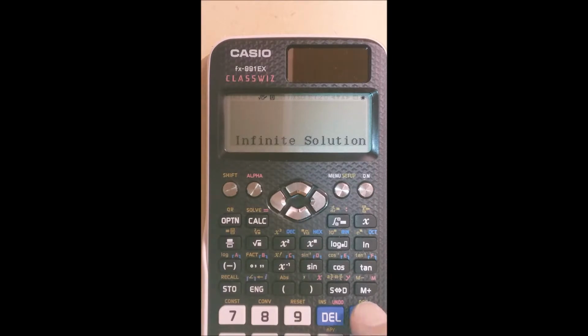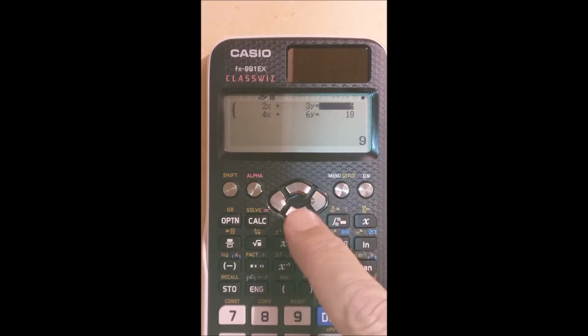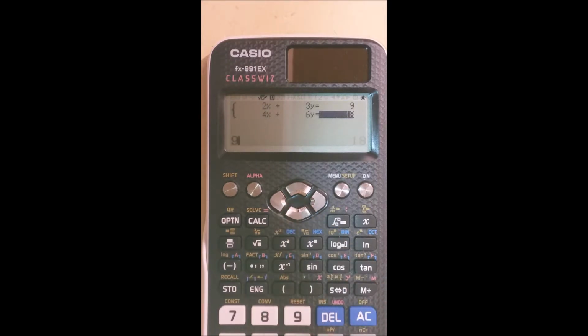I'm going to go back, hit all clear, which takes you back to this, and I'm just going to go over 2, down 2, and change this to 9. Now, no solution, because if we go back and look at this, they have the same slope.